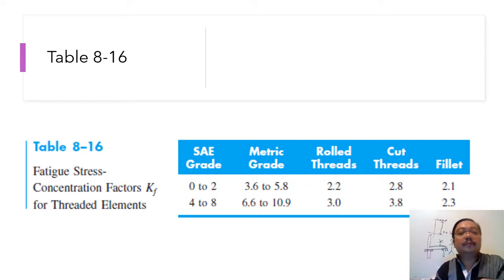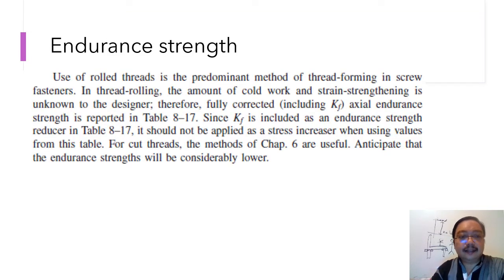So this is the fatigue stress concentration factor for the threaded element for SAE grade, metric grade, rolled threads, cut threads, and fillet, and the endurance strength. Use of rolled threads is the predominant method of thread forming in screw fasteners.